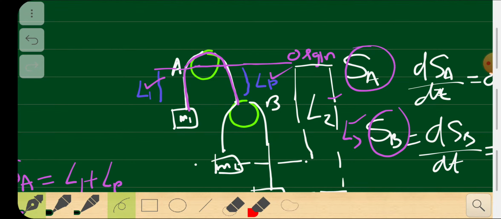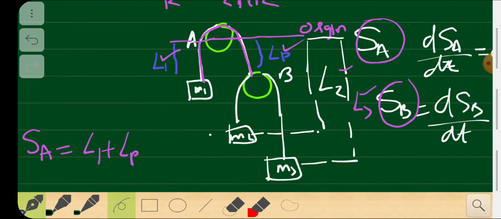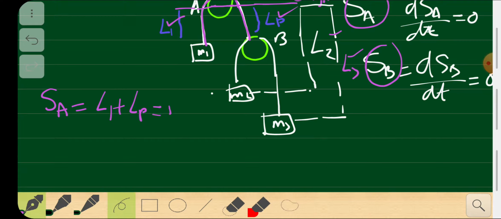Since the radius of this pulley is r, the total perimeter will be 2 pi r, so that distance will be half of 2 pi r, which is pi r. Okay, got that.